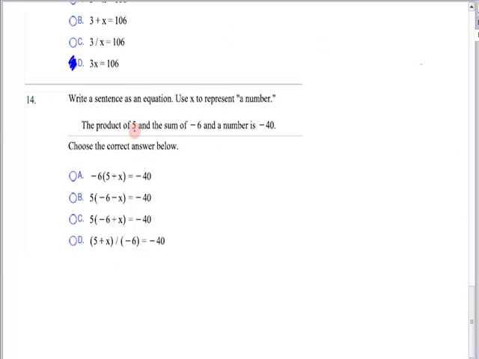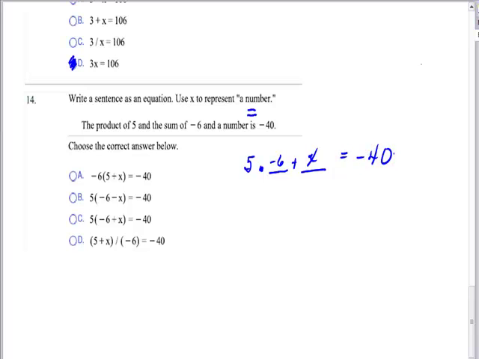The product of 5 and the sum of negative 6 and a number is negative 40. All right, I can always get that. All right, the left-hand side, the product of. Product means multiply. The product of 5 and the sum of. You're going to multiply 5 times the sum of negative 6 and a mystery number is negative 40.